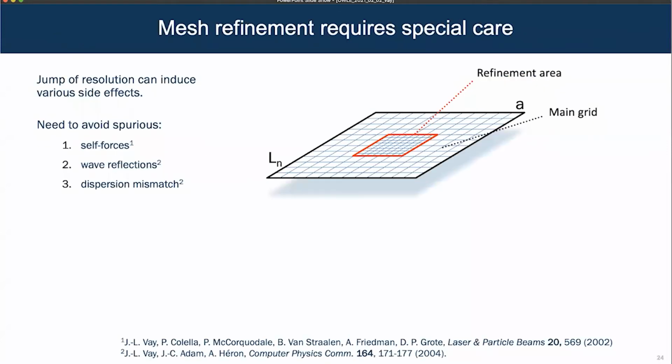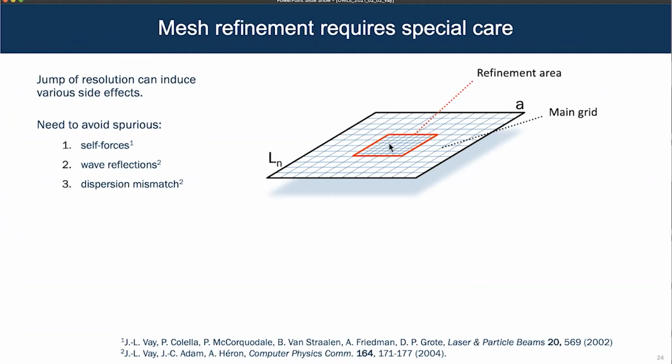So mesh refinement is fairly widespread in some other domains, like in fluid dynamics, for example. Not that widespread with PIC, especially electromagnetic PIC simulation. And the reason for that is that there's some extra complication, a number of things to be careful about.